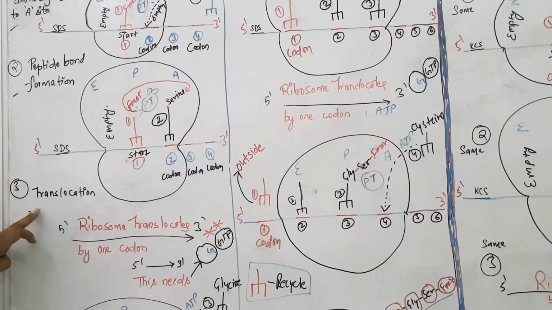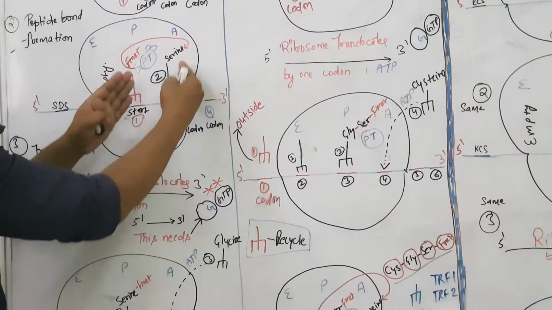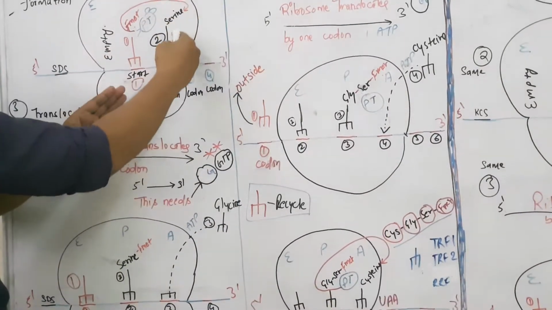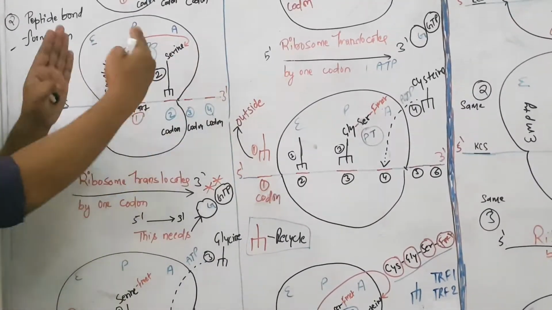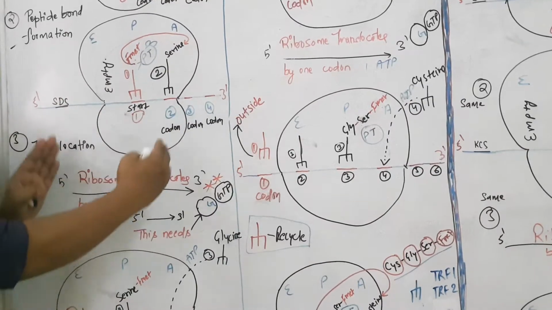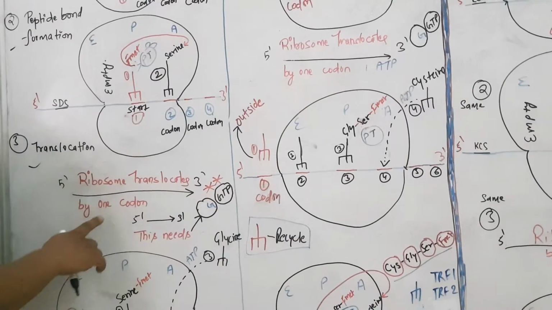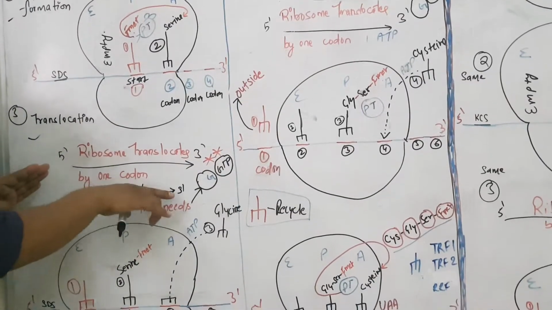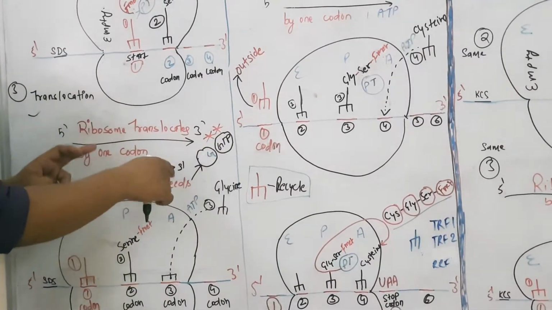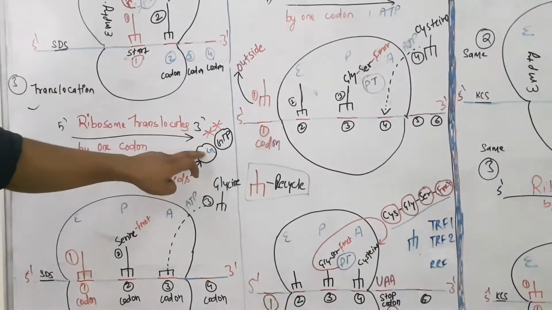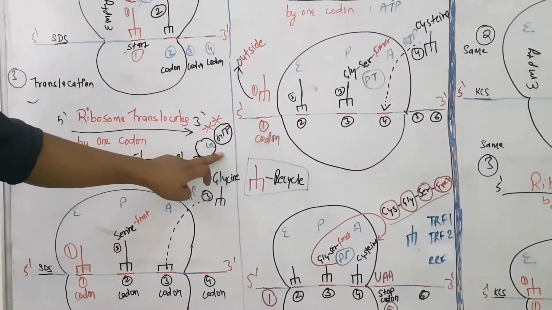And translocation basically means, once a tRNA carries an amino acid and the A site is occupied, the ribosome needs to move one codon ahead. This usually happens in the 5' to 3' direction, and it is catalyzed by elongation factor G, which is a GTPase protein.